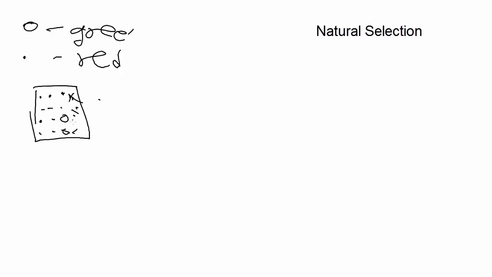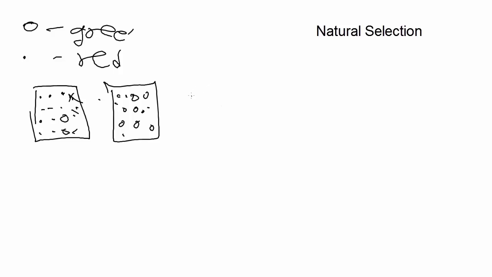So in the next generation you'll be left with very few red beetles and mostly green beetles now. A lot of green beetles, maybe about this much. And in the third generation, crows again keep on picking on the beetles, they keep on eating the beetles.